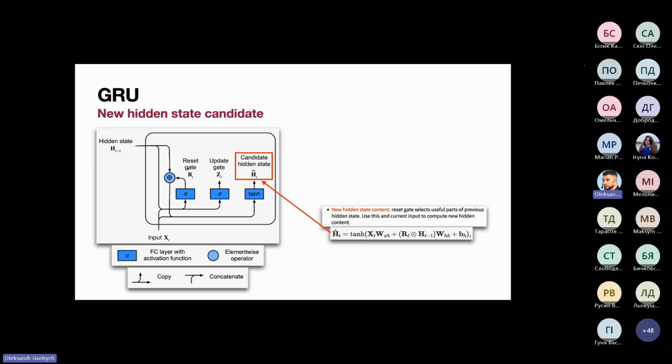So this gate will select which elements of the previous hidden state to use in this iteration of training of your main hidden state. And then plus bias. This is step number one. You calculate candidate hidden state using only reset gate.